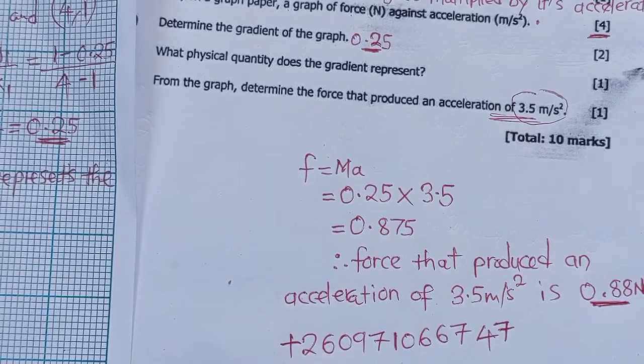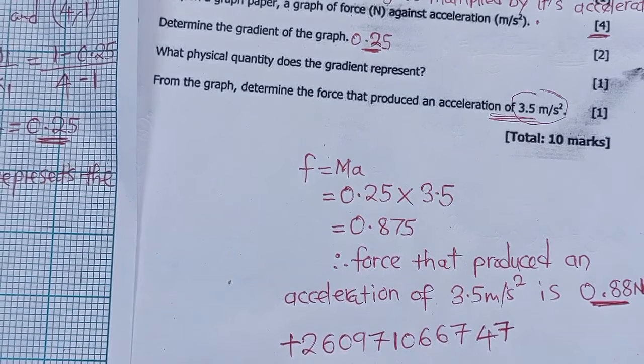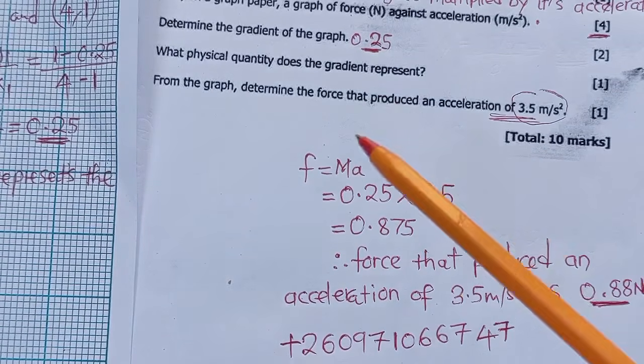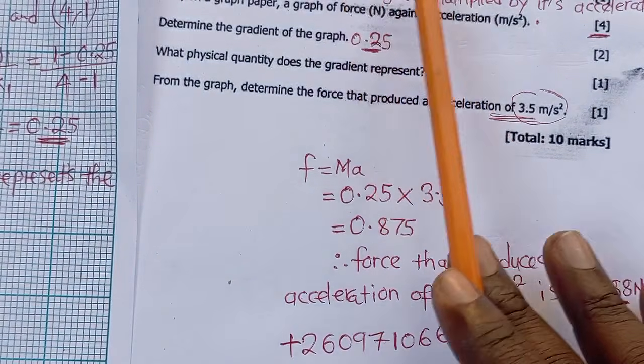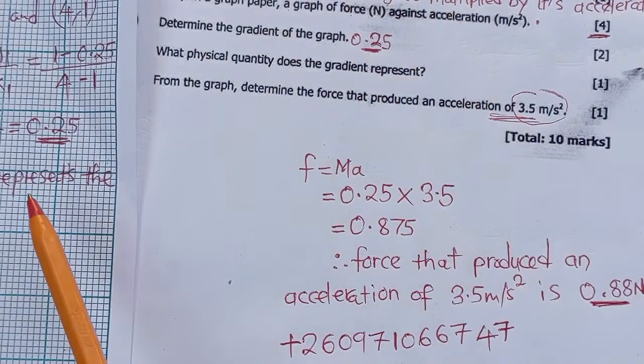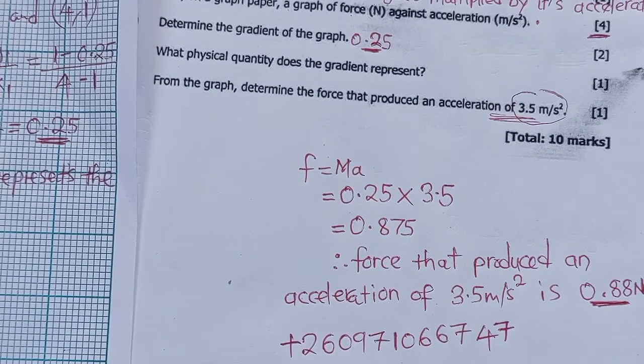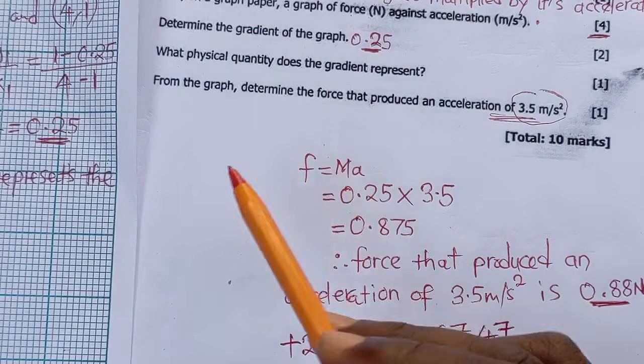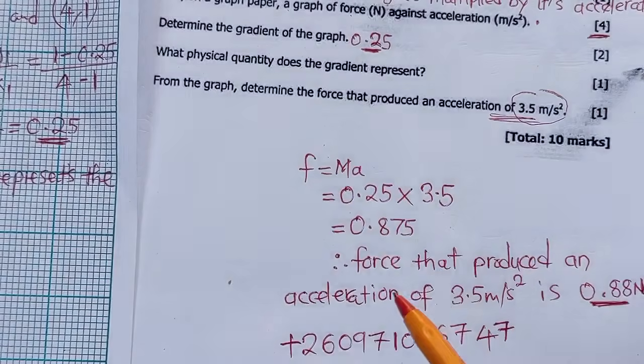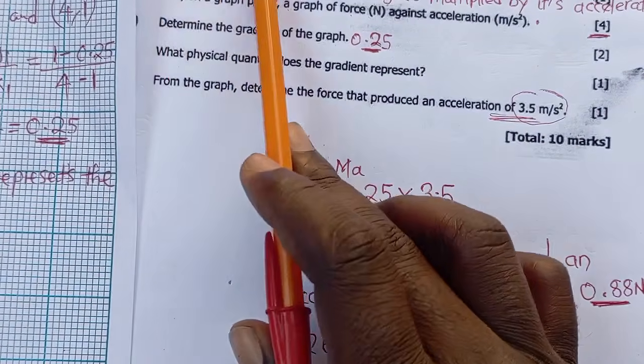I guess you've learned one or two things. Another piece of advice: when you're answering these, some of you are asking how you can know whether to write the answers here or put them on the graph. What is important is numbering your work. In the answer booklet, you say section C, C1, then A, and you write that one.